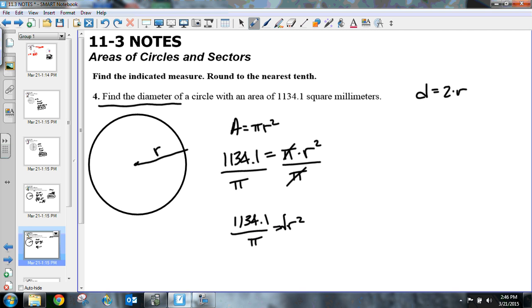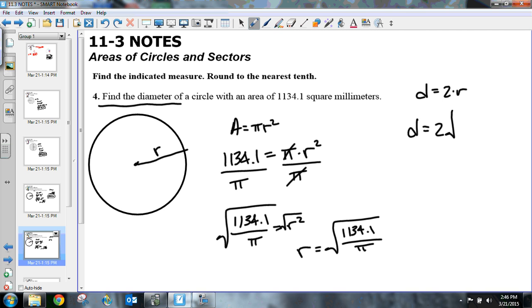Now I can take the square root of both sides, and I end up getting that r is equal to the square root of 1,134.1 divided by pi. Now, if I'm trying to find my diameter, I'm just going to take my radius and multiply it by 2. So I get that my diameter is 2 times the square root of 1,134.1 divided by pi.